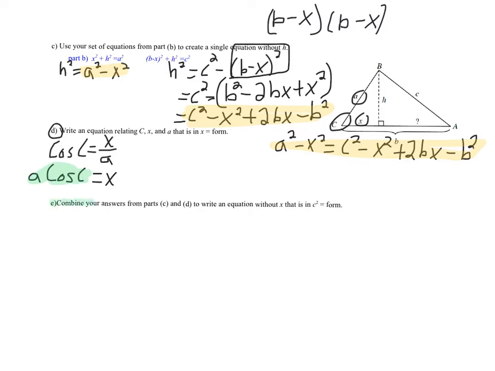We're now going to combine these answers. I'm going to take this a cosine C, and I'm going to plug it in for x over here.